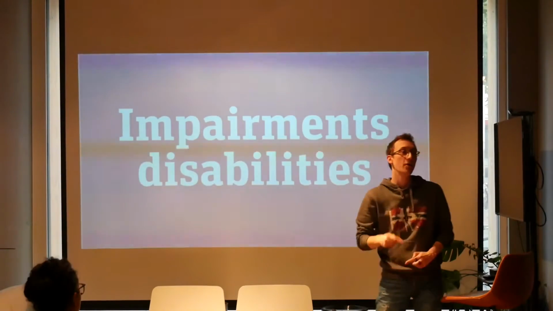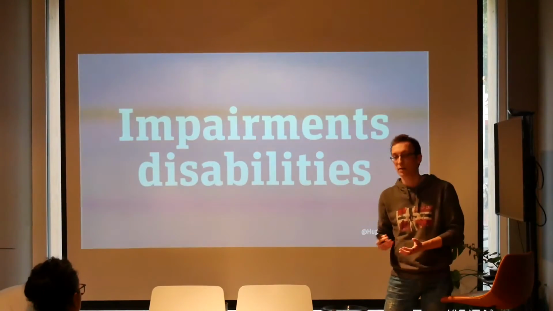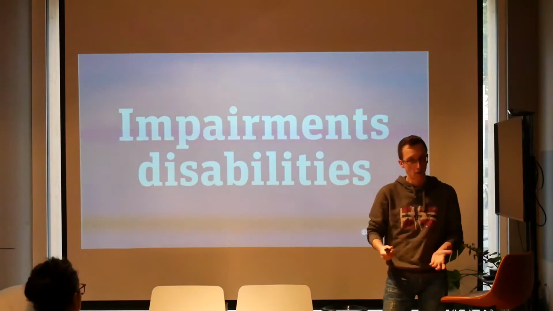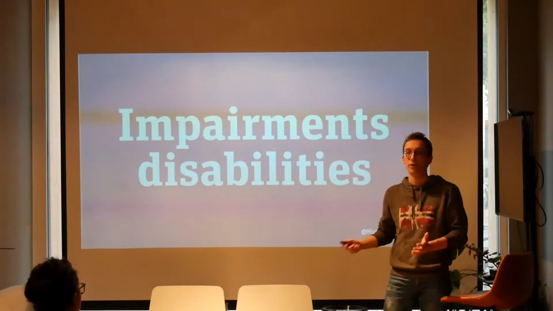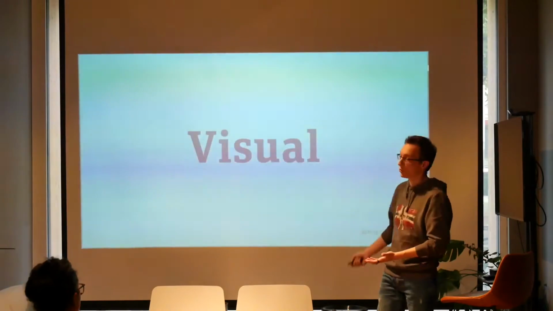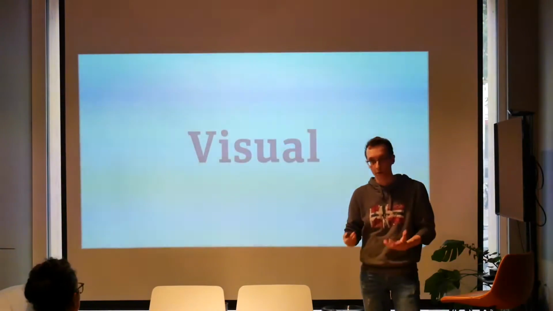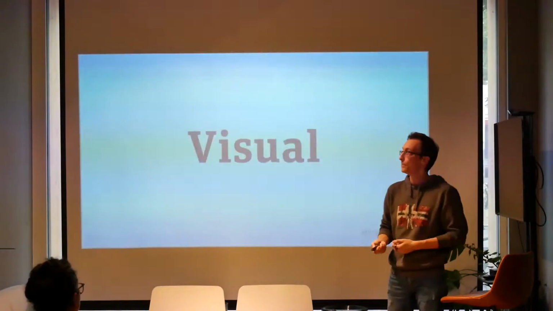We're going to talk about impairments and disabilities a lot. This is not always an easy topic, and we can split this into 5 different categories. Visual impairments, this is the one we usually talk about the most, especially when we work on the web.